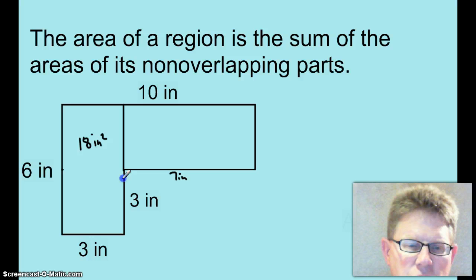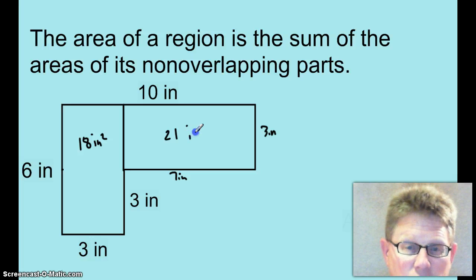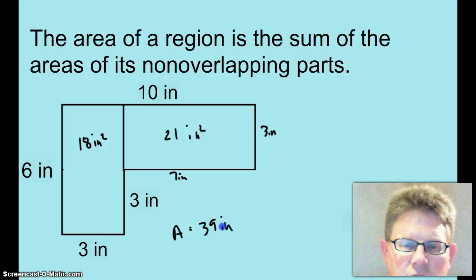If this part is 3 and this whole thing is 6, this must be 3 inches. So the area of this is 21 square inches. So the area of the whole composite figure is 39 square inches.